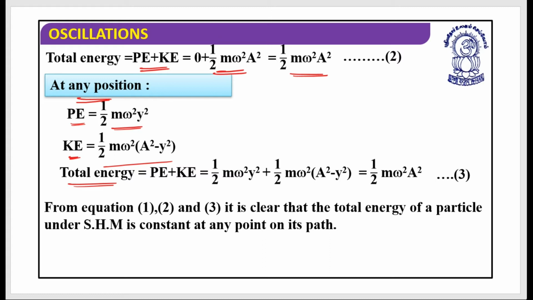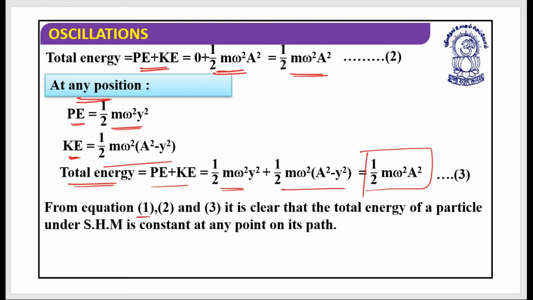The total energy is potential energy plus kinetic energy, that is half m omega square y square plus half m omega square into bracket a square minus y square. If I solve this, I get 1 by 2 into m omega square a square.